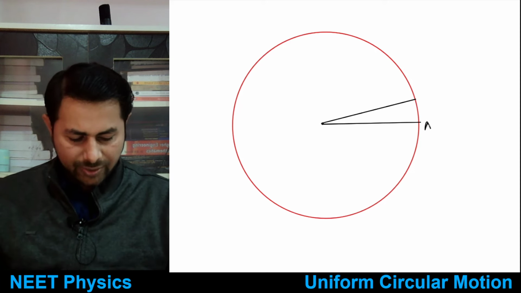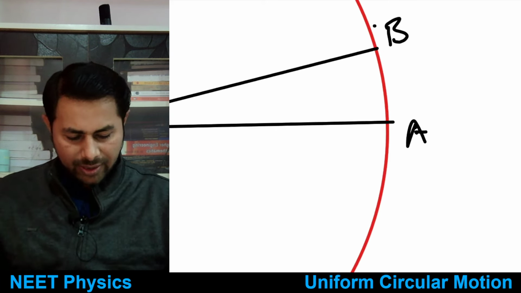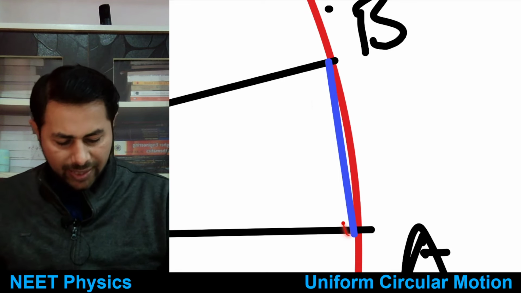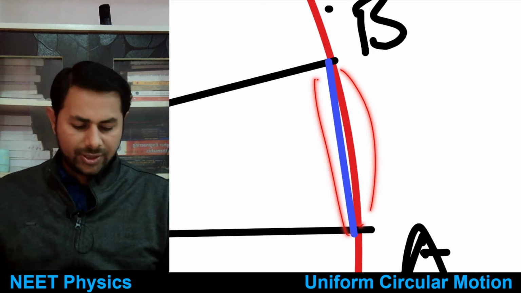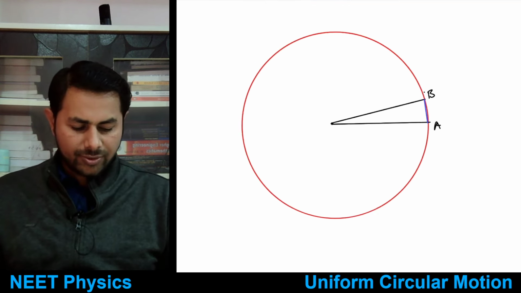This is the distance covered, which is equal to the length of the arc, and the displacement is the line joining point A and B. This displacement is small, so the length of this line and this arc are almost equal.